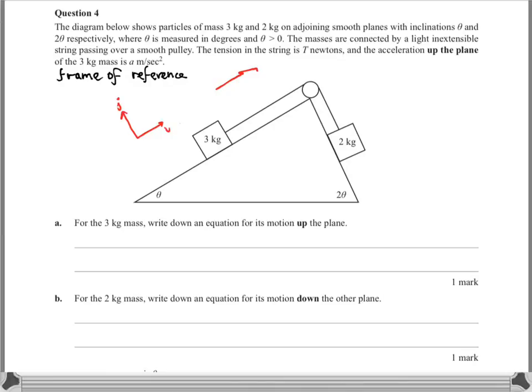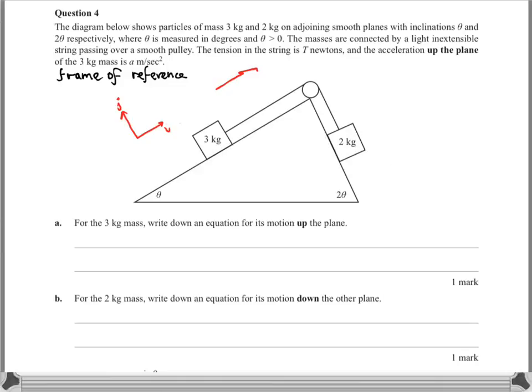So we can have a parallel and a perpendicular part of motion for our 3 kilogram mass in that direction, because we're moving up the plane, so it's just good convention to have positive I going up the plane in the same direction as motion. Because they're attached via this light inextensible string passing over a smooth pulley, we'll have the accelerations of the two blocks being identical. So this acceleration is the same as that acceleration.